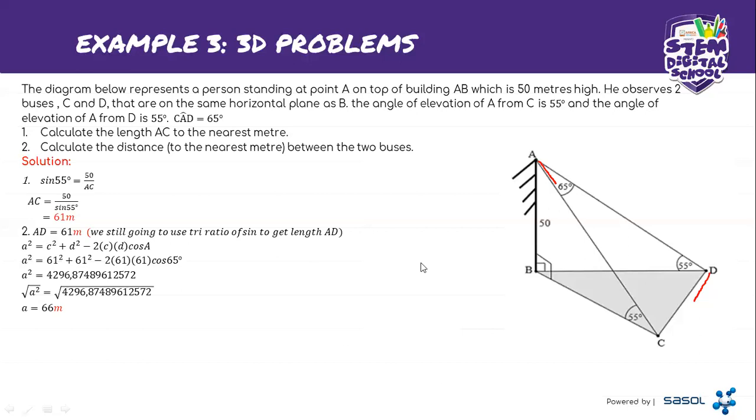All right. Now, I think we've done calculating that side DC. The distance between the two buses is 66 meters.